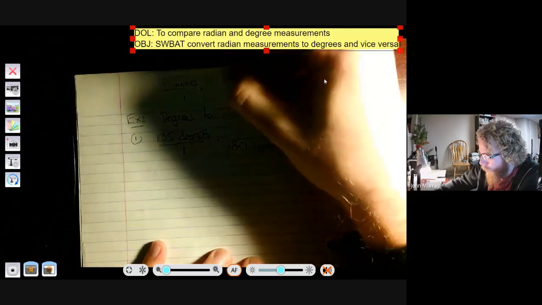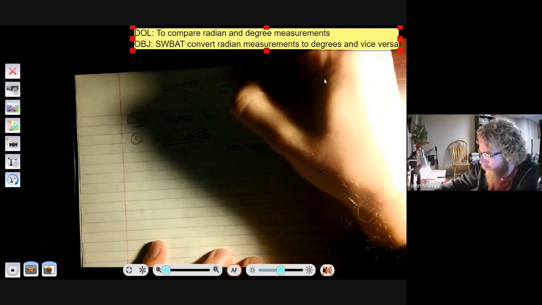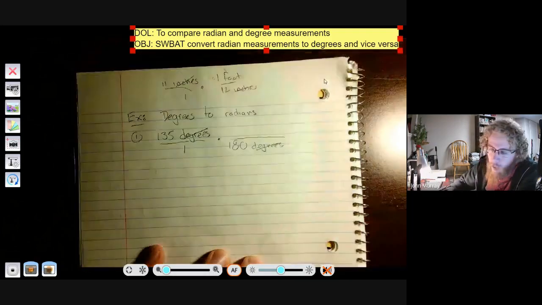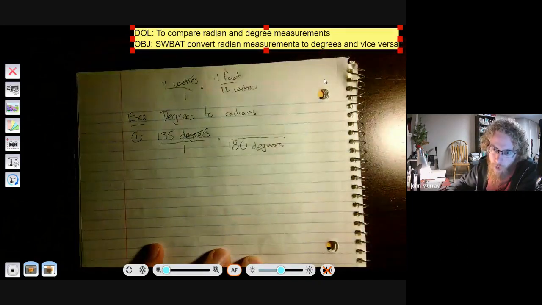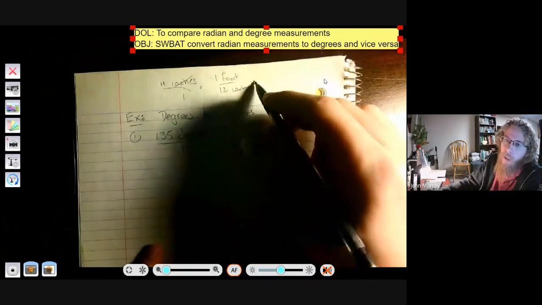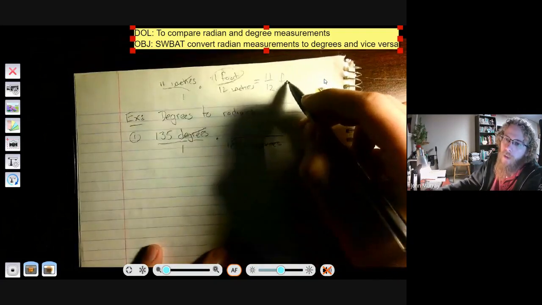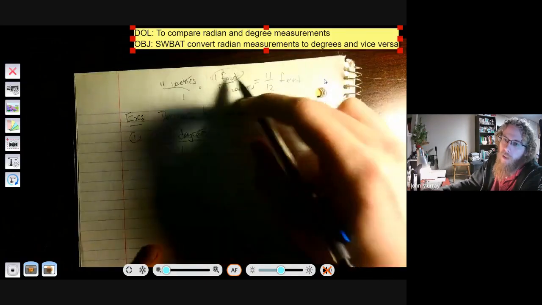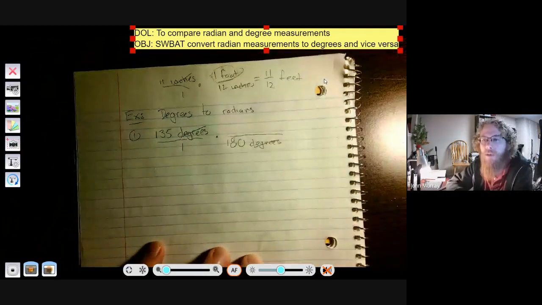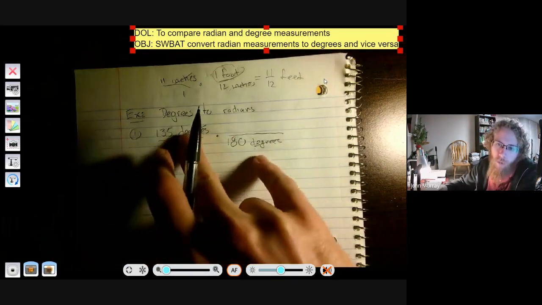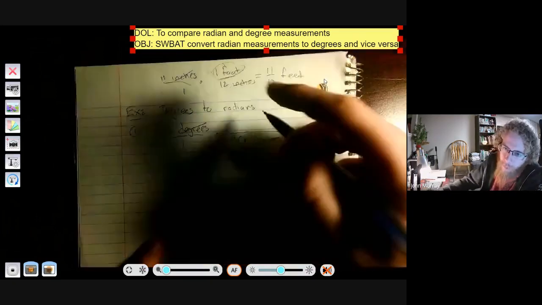Well, I know that 1 foot has 12 inches. So here, my inches units cross out, and after I multiply, the only unit I'm left with is feet. So we can do our basic math cancellation with units as well.